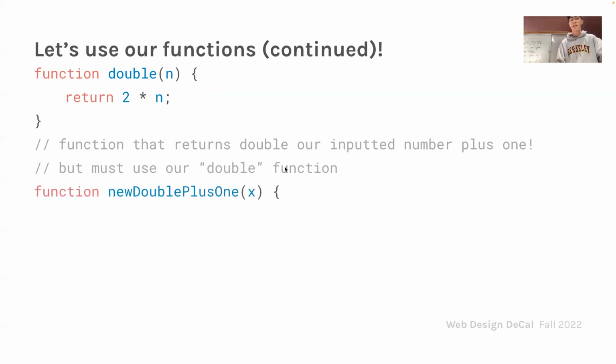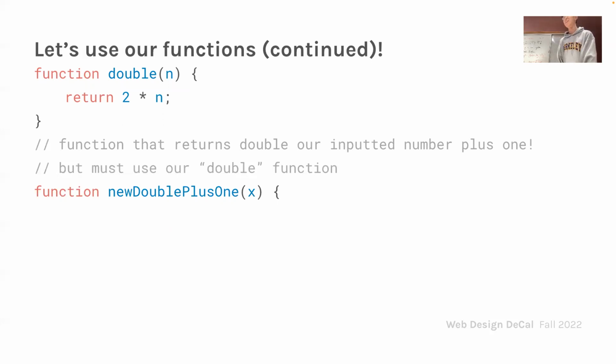Does anyone have any ideas how we can reference or use this function in our current one? This is sort of an introduction to abstraction. We know we have to return something, but how do we do this?